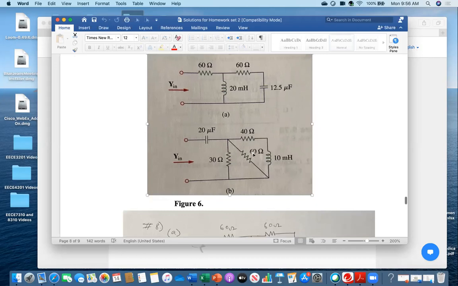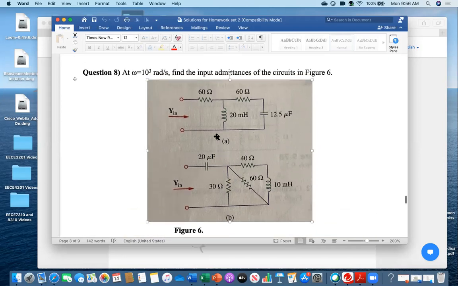The same thing here. These two are in series, and that is in parallel with this one. And again, that combination is parallel with this one. And then the whole thing is in series with this one.